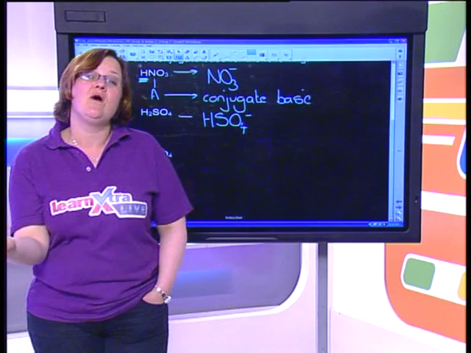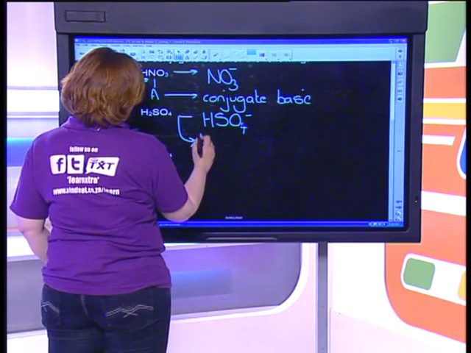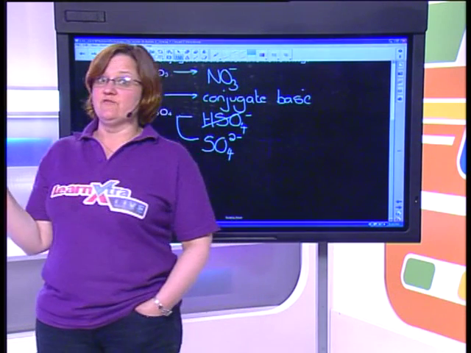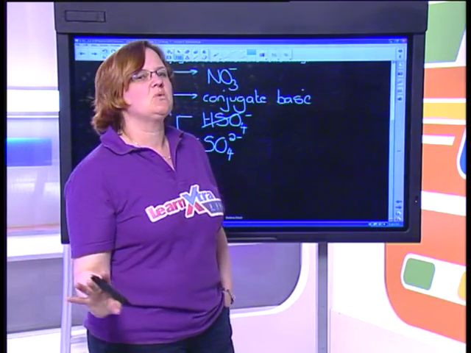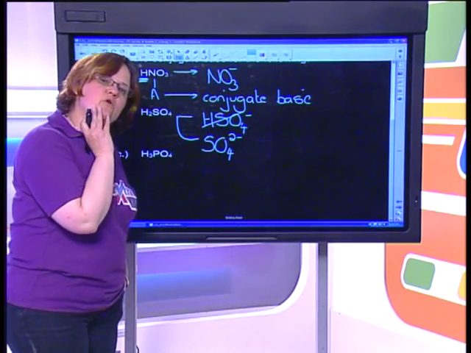Because it only gave away one of its pluses. However, more likely is it's going to give away both its pluses, and it's going to become SO4 2 minus. That's its conjugate base. It's a weak conjugate base, sorry. It actually doesn't really want the hydrogens back. It's quite happy.